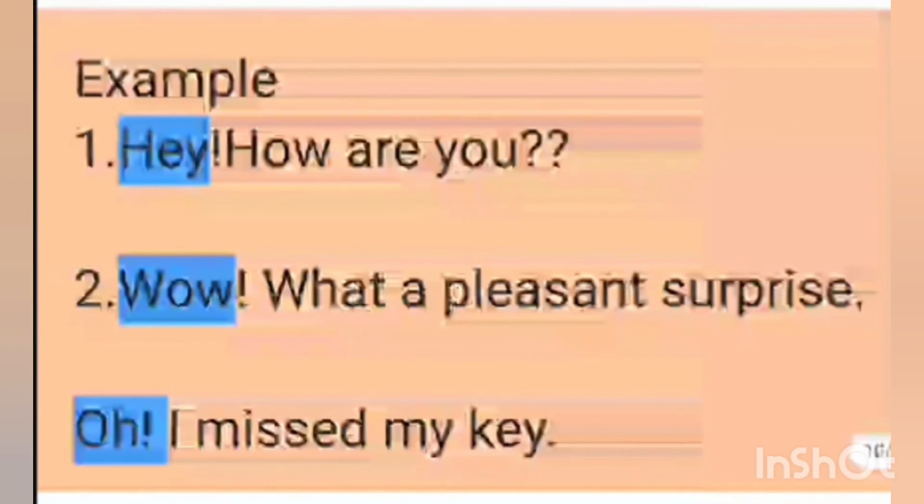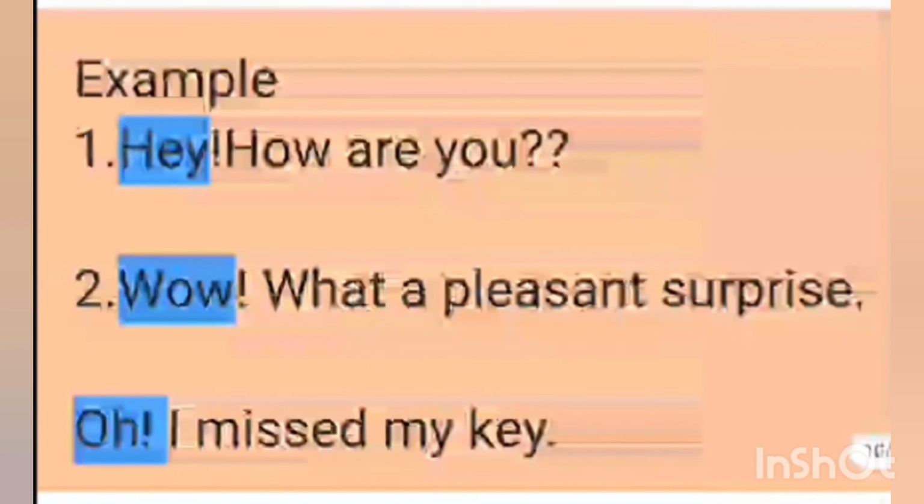We are meeting somebody and we are asking with surprise, hey, how are you? Here, hey is a word that is used as interjection to show our surprise or our emotion or feeling on seeing the person, right? So, hey is a word that is having an exclamation to express our excitement.